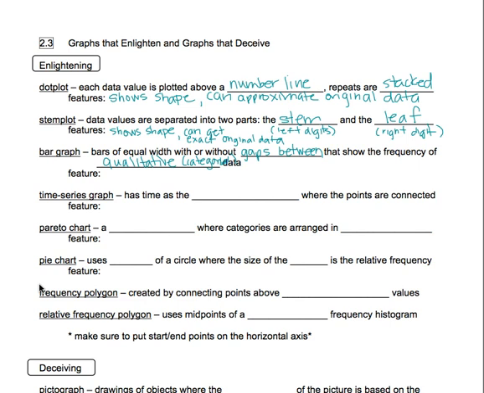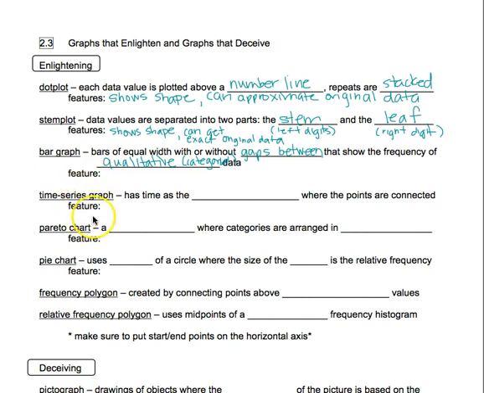So typically we do bar graphs, like in kindergarten where you made a class graph of what your favorite ice cream flavor was, that type of thing. So we've got qualitative data for a bar graph. Usually there are spaces between the bars, unlike with a histogram.